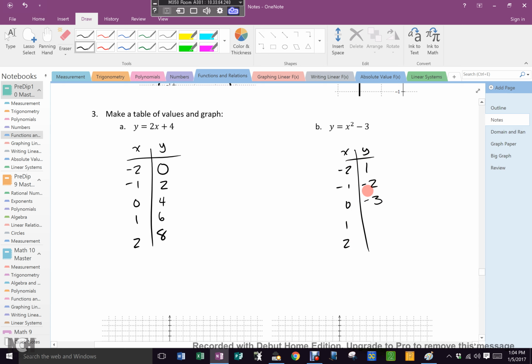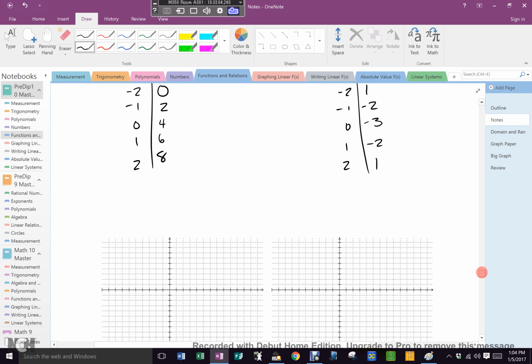That's looking linear, isn't it? But we know it's not linear, don't we? Why? Because it has an exponent. So what happens at 1? What's 1 squared? Minus 3? Minus 2. What's 2 squared? 4. Minus 3? 1. Crazy talk. Graph them.